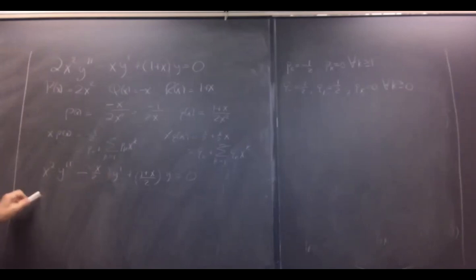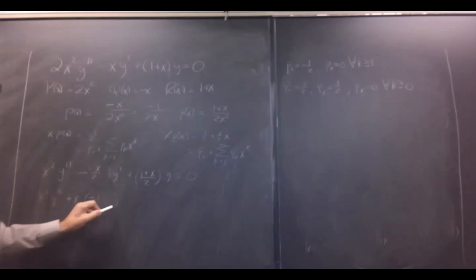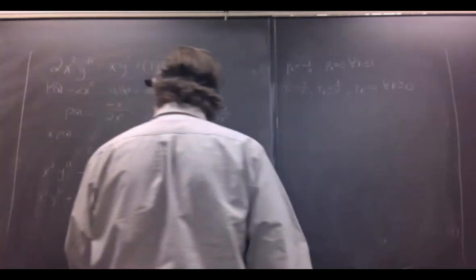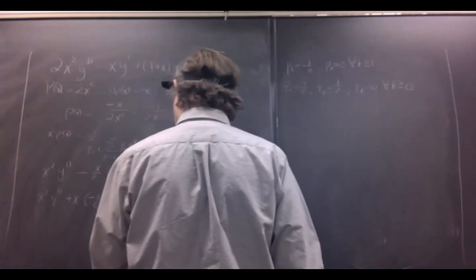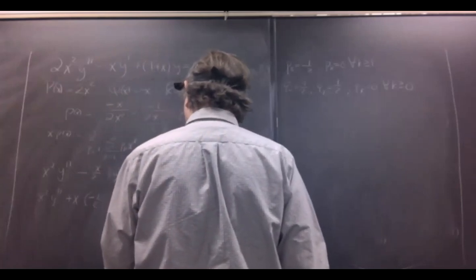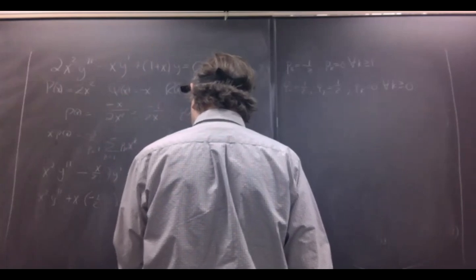And so if I do that in this problem, I will get the following. I'm leaving some space that I don't need in this case. And I will get 1/2 plus 1/2.